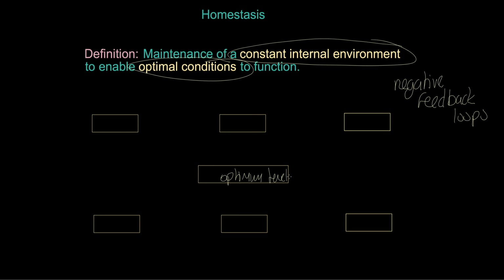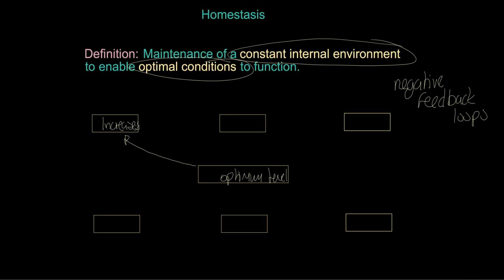Think about things like thyroxine levels or other hormone levels. Think about things like blood glucose, blood pH. We've got an optimal level of those in each case. Now, for example, let's imagine that the level, for some reason, increases. Body temperature could go up because you start exercising, for example.